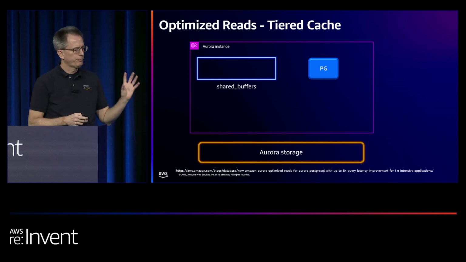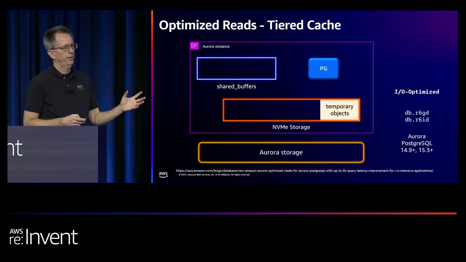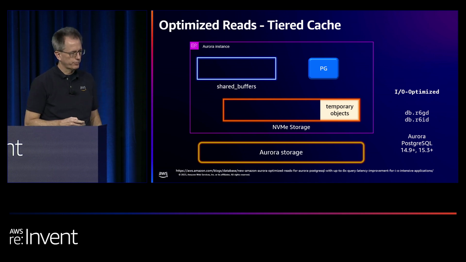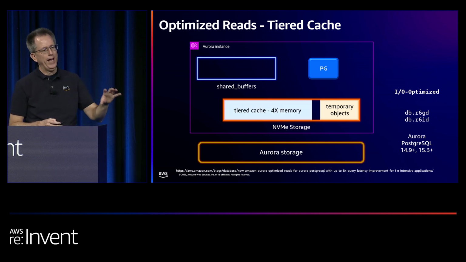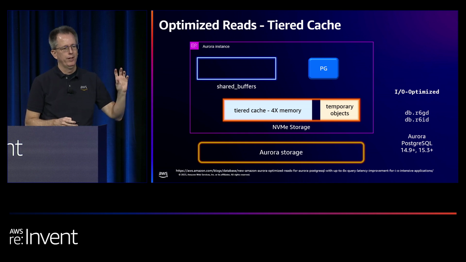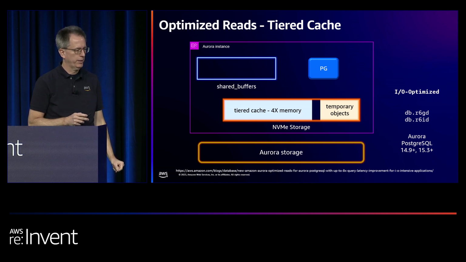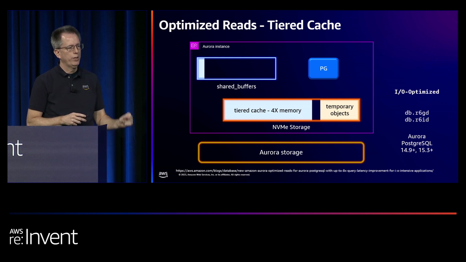But now you can order I/O optimized, right? Tiered cache. We're going to still put part of it for the temporary objects, but now you have 4x the size of your total memory for an extra cache layer, right? So this means you can do a lot more with this instance, and I'll dig into that. So we do reserve a little bit of the shared buffers, about 4.5%, as metadata for this cache.